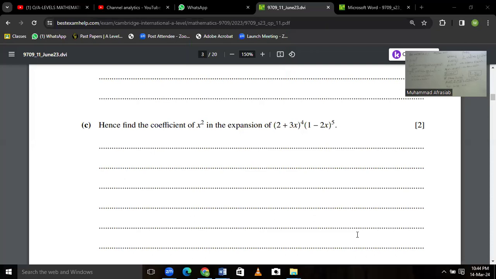Hence, find the coefficient of x squared in the expansion of 2 plus 3x to the power 4 into 1 minus 2x to the power 5.